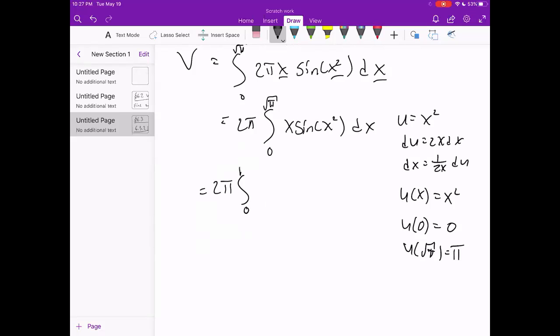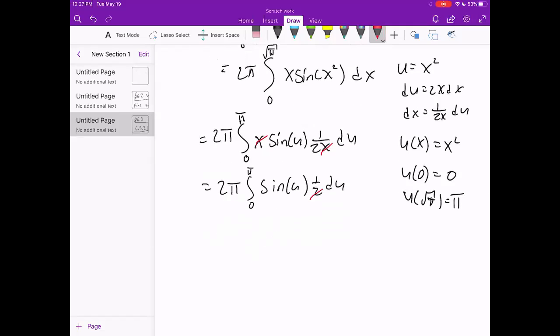This is the integral from 0 to pi of x sine of u times 1 over 2x du. My x's cancel, and I'm left with 2 pi times the integral from 0 to pi of sine of u times 1/2 du.